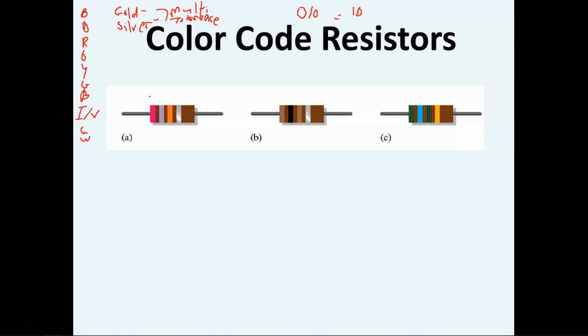So to color code this first one, red is 2, violet is 7, orange is 3, and then I have a silver band here, which is going to be my tolerance. And silver, like we said a minute ago, is plus or minus 10%.